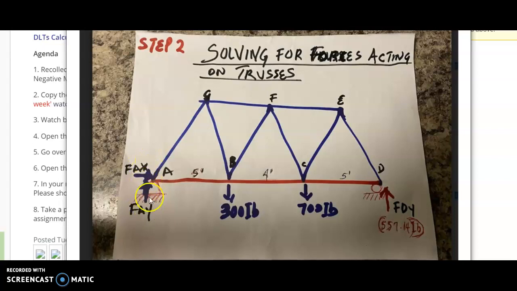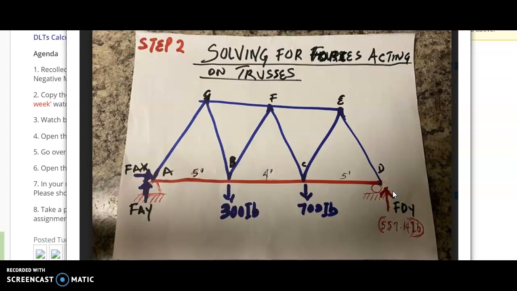There's also a force acting on it this way, which is part of the resistant force for all the load acting on it. Now you have a force going down of 300 pounds, another force coming down here of 700 pounds. The first step of the problem was to calculate using moments, which is forces times distance. This is your 0 point here, so you measure your distance from the 0 point.